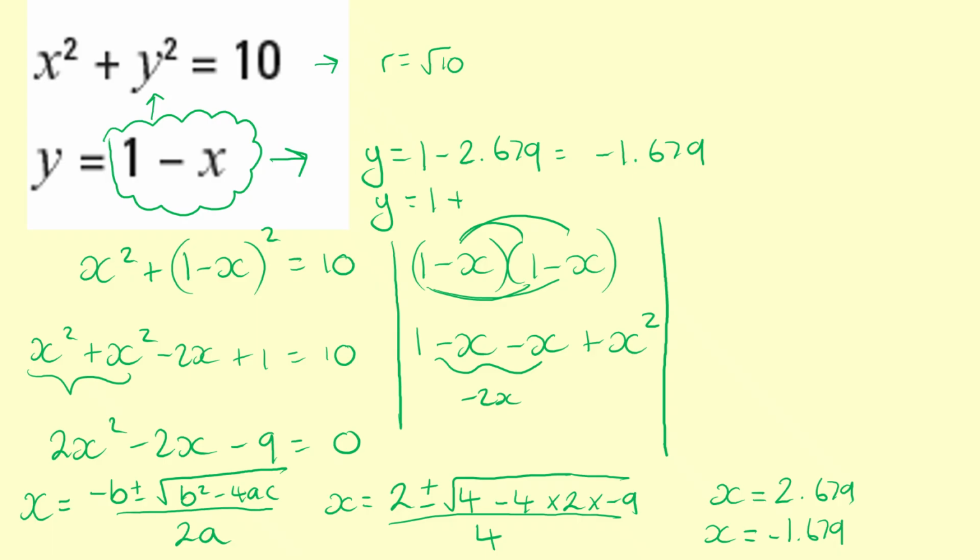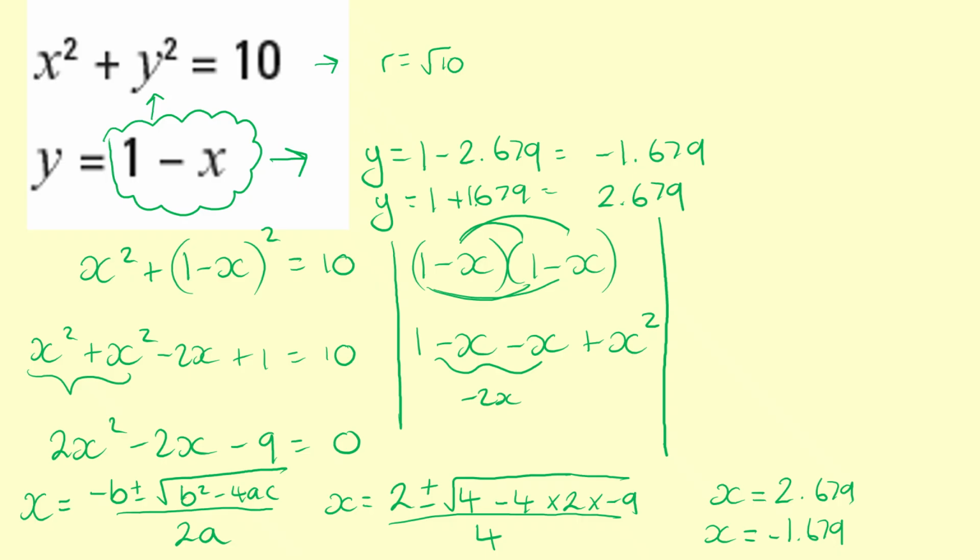Just double checking my answers here. Yeah, that would be a plus, won't it? Sorry, I just made a mistake on my calculations here. So it'll be 1 plus 1.679. So that's going to get me a value of 2.679. If I've made a mistake in any of my calculations, please do let me know.